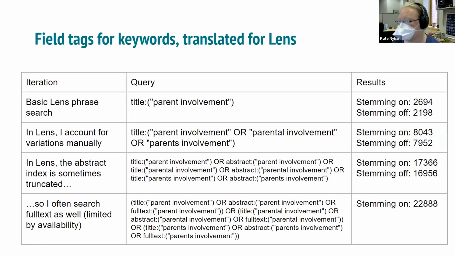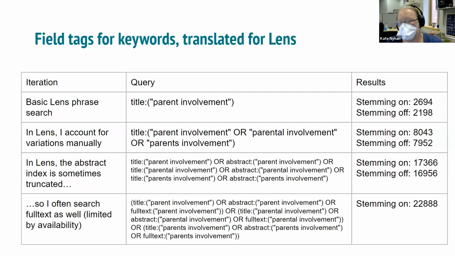Folks, I just reran these numbers today, so these results are current as of this morning. If I look for this quoted phrase in the title field in Lens, with or without the Lens stemming feature turned on, I get 2,000 results and change, depending on whether I allow the database to use or turn off its stemming feature.